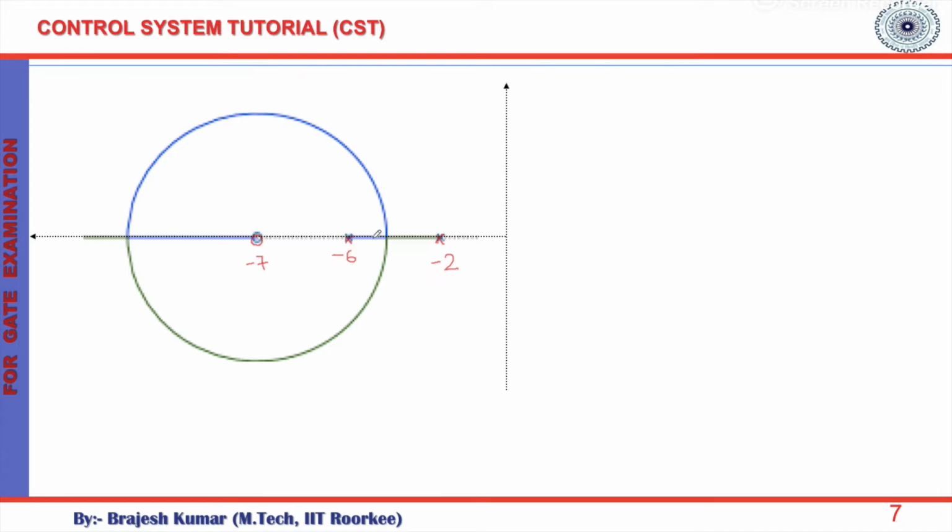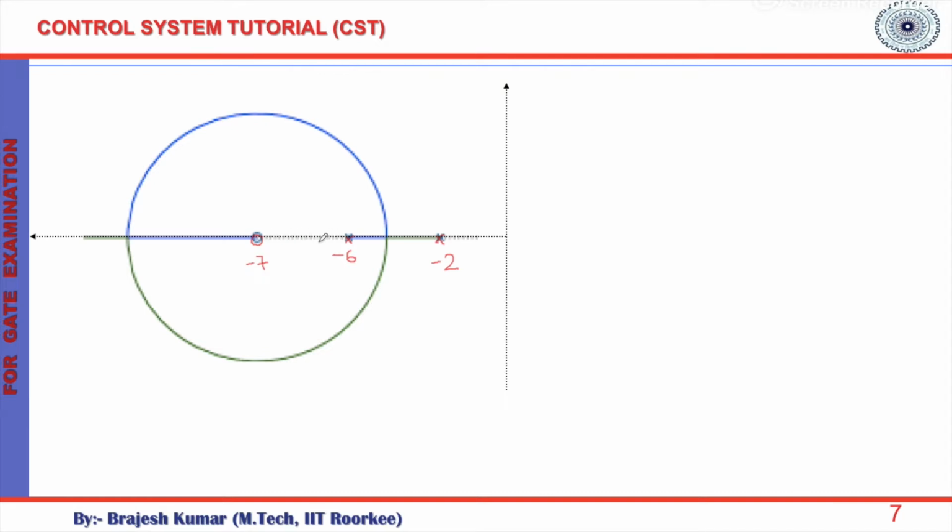If you choose any point in a segment and look towards the right of this point, you'll find just one pole. The rule says that if the number of poles plus zeros to the right is odd, then that point, and hence that segment, is part of the root locus. Here it is odd, so this portion is part of the root locus.